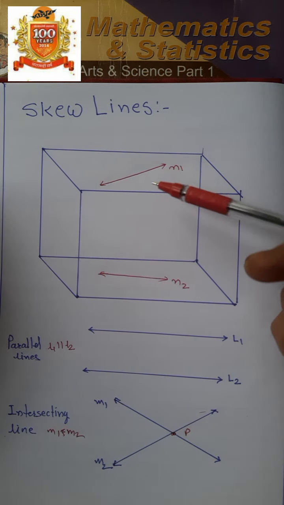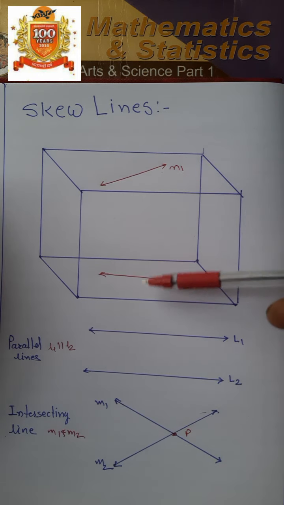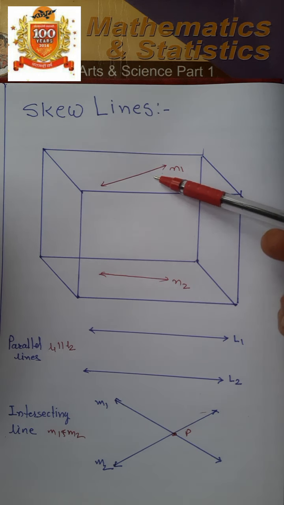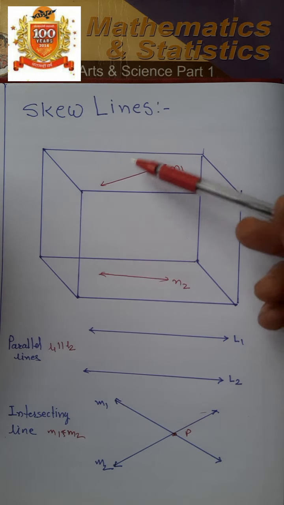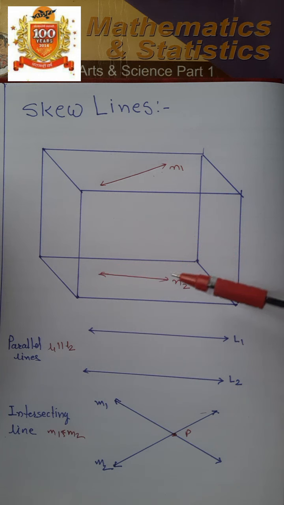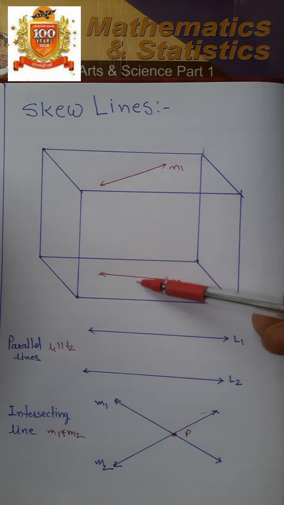Then these two lines never intersect each other because line N1 lies on this plane and line N2 lies on this plane. They never intersect each other. Such lines are called skew lines.